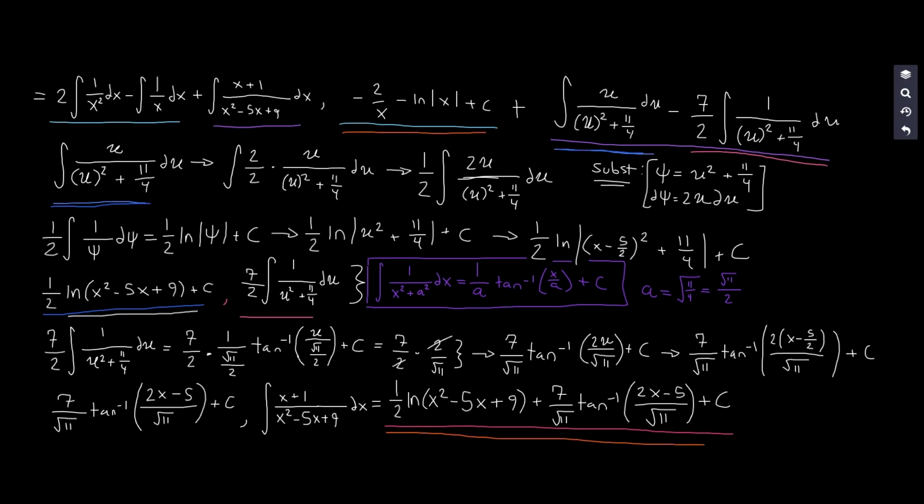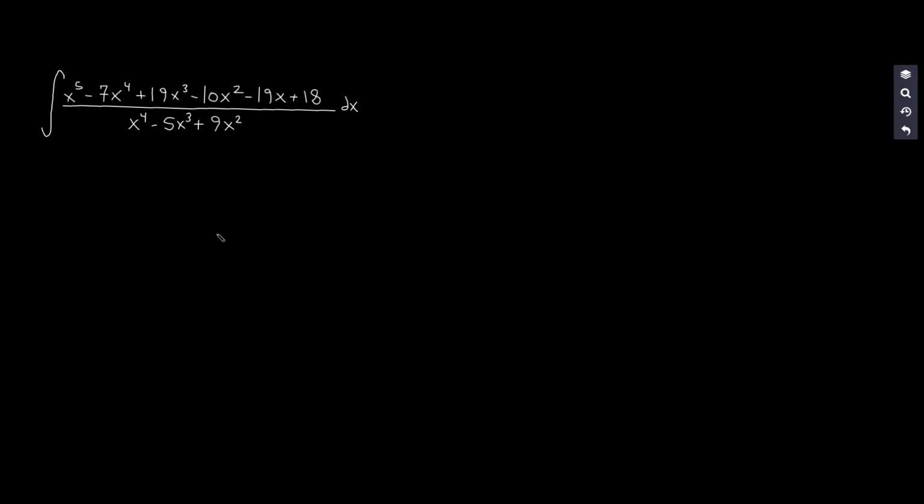So in conclusion, the indefinite integral of x raised to the fifth minus 7 times x raised to the fourth plus 19 times x raised to the third minus 10 times x raised to the second minus 19 times x plus 18 over x raised to the fourth power minus 5 times x raised to the third power plus 9 times x raised to the second power, with integration with respect to x.